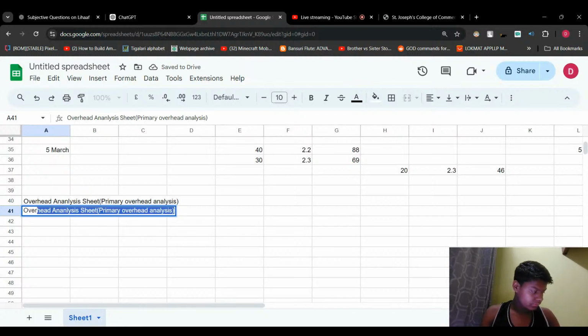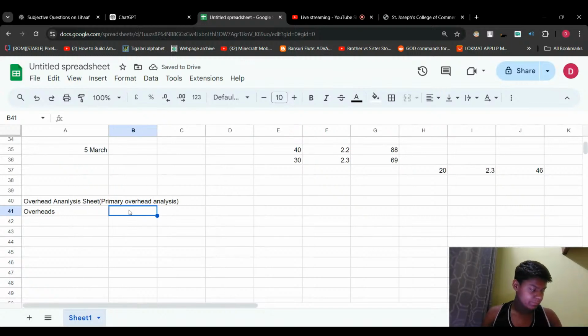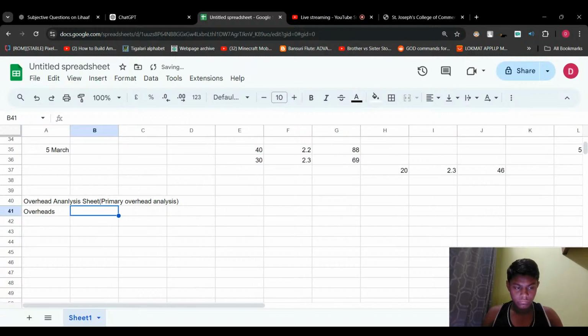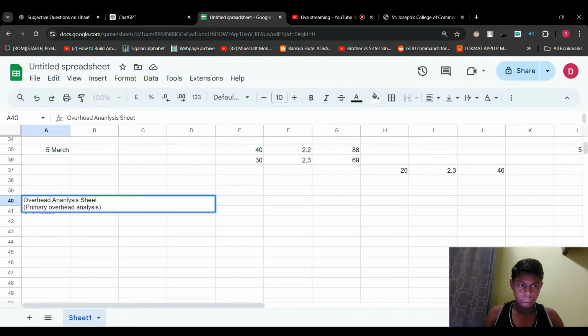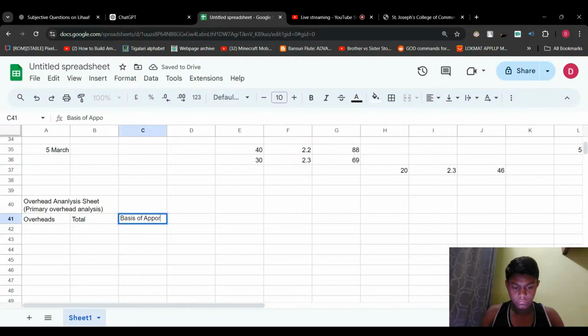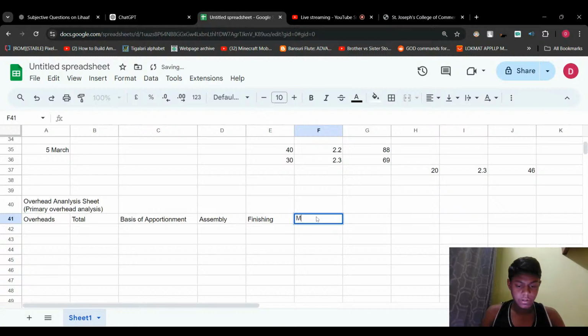Then overhead should be the first column heading, then total, basis of apportionment, then assembly, finishing, maintenance, and canteen.